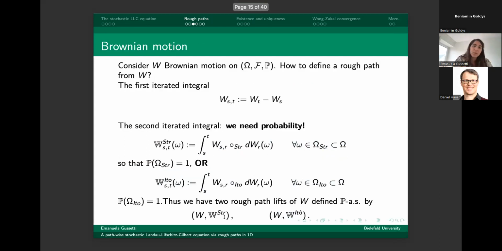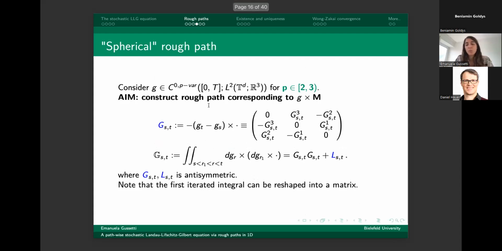In the classical theory of rough paths, one sees that if one doesn't take W to be R valued, but with values in R3, the first iterated integral is a vector. And the second iterated integral will be constructed here with the tensor product. So the second iterated integral is a matrix. We reshaped our problem into a more general framework of the so-called unbounded rough drivers that are basically rough paths with other shapes.